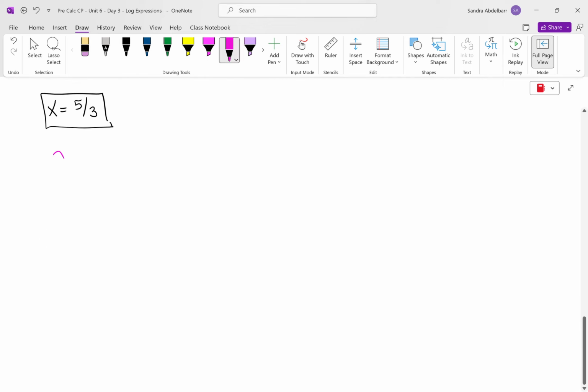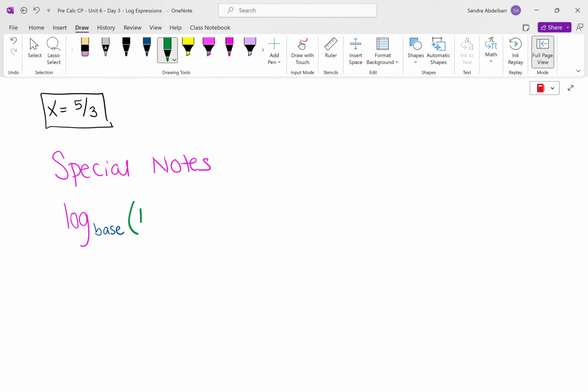Okay, some special notes. So remember, we have log, base, argument, equals exponent.